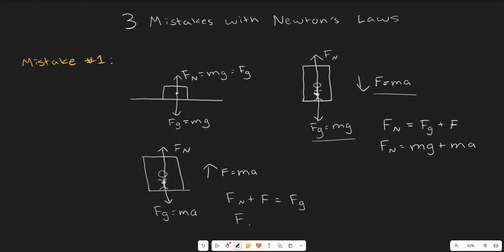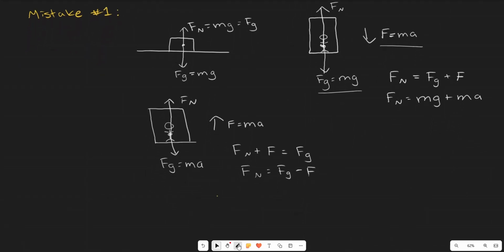So Fn is equal to Fg minus F. And we can see that makes sense because now we have Fn working with another force to counteract the gravity. So the normal force is now less than the weight.